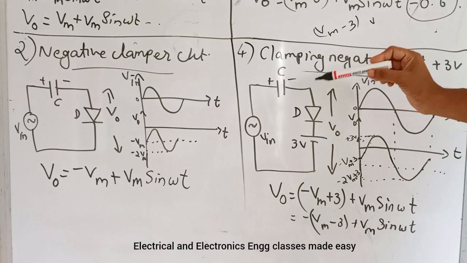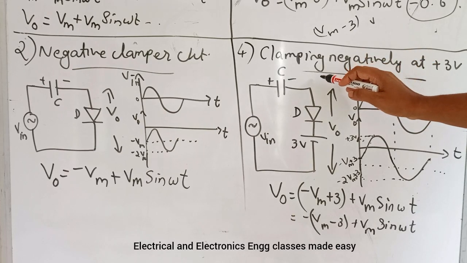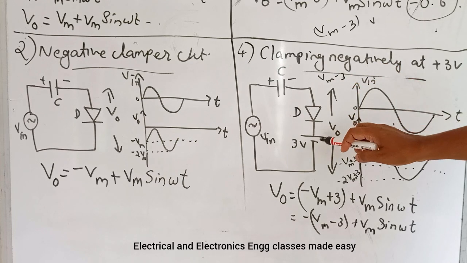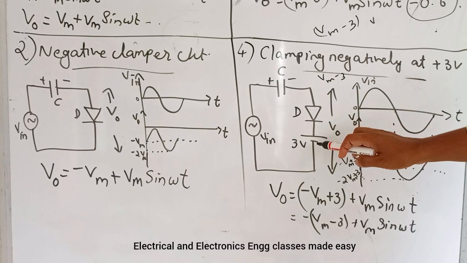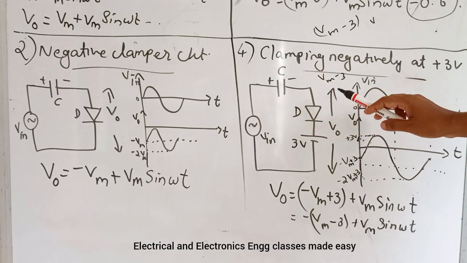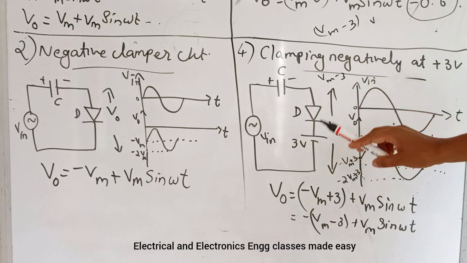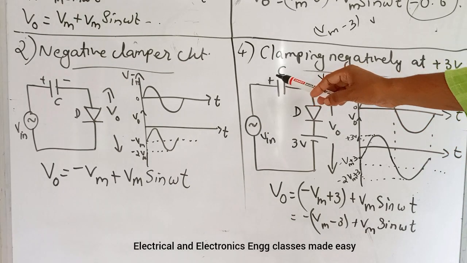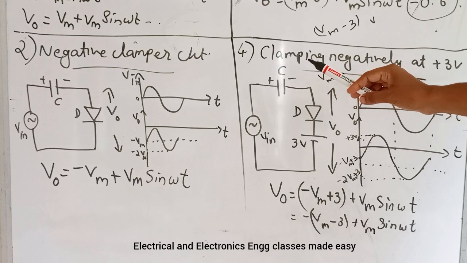So the capacitor here charges till Vm minus 3 volt because this is positive then negative, and here the polarity is like this.